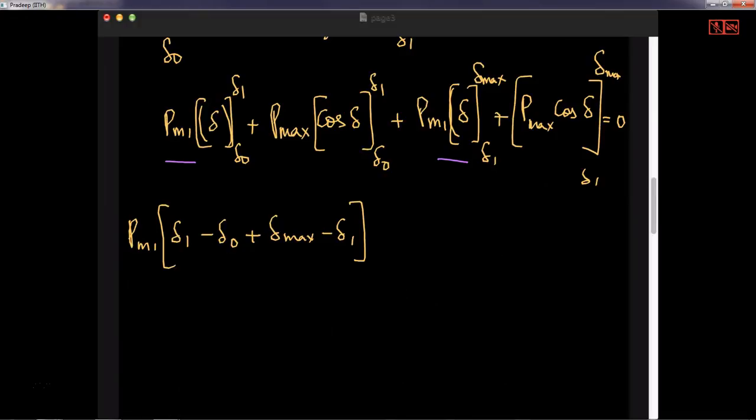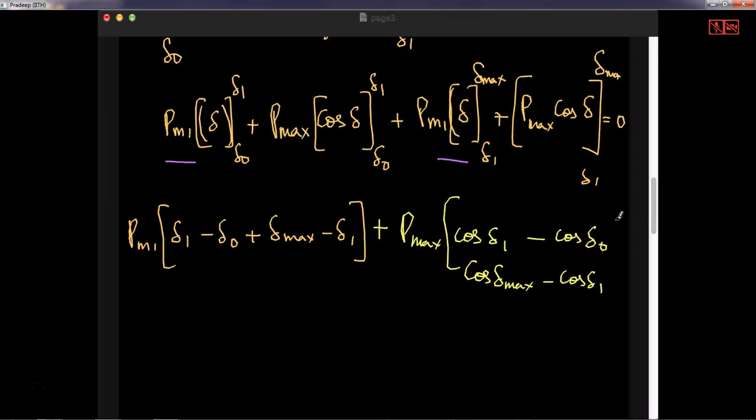I'll get plus P max, cos of delta 1 minus cos of delta naught, and here I'll get cos of delta max minus cos of delta 1, which should be equal to 0.